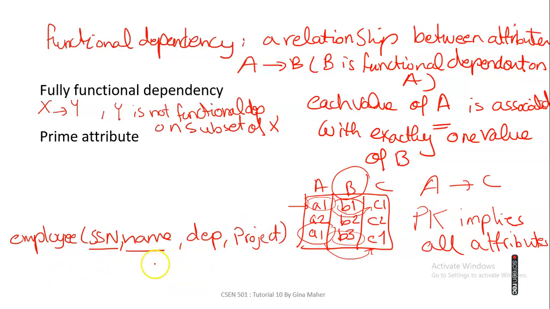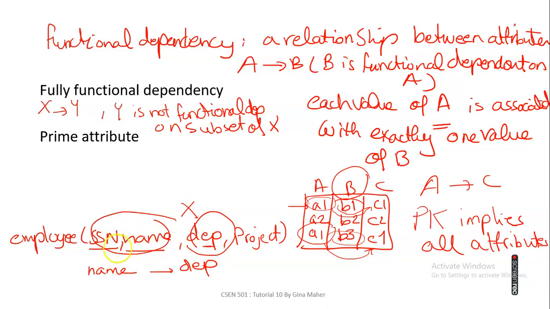And it is stated that the department is dependent on name, which means that if I got the name of the employee, I can easily get the department. Okay? We want to know whether department is fully functional dependent on the primary key or not. Since department is dependent on a subset of the primary key, then it is not considered fully functional dependent.